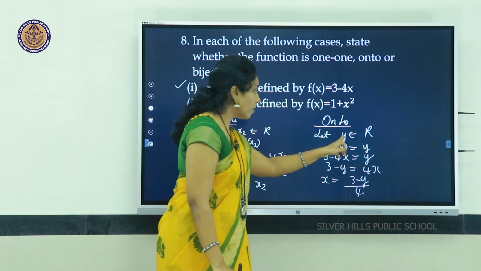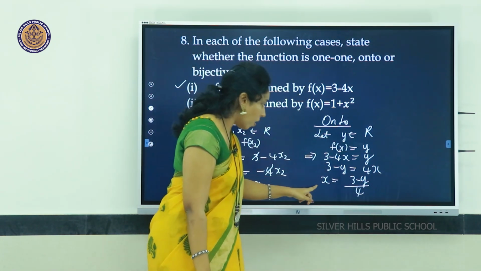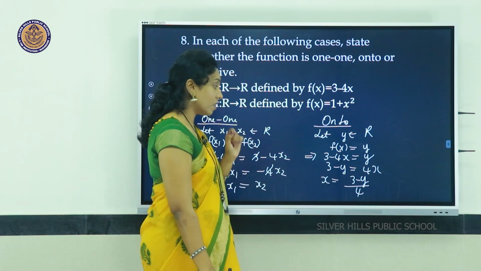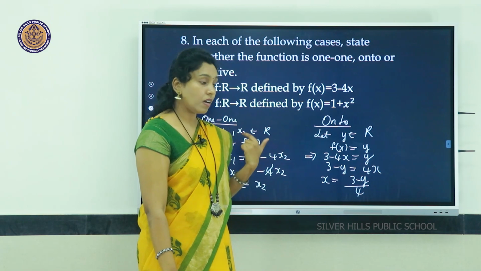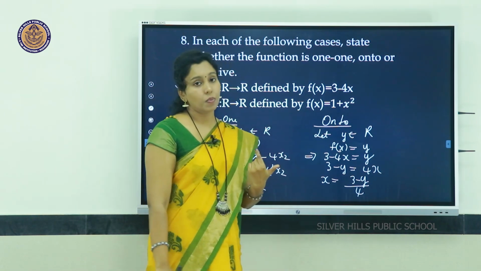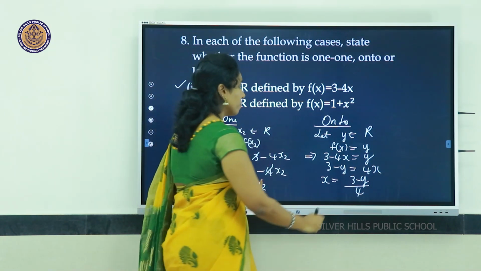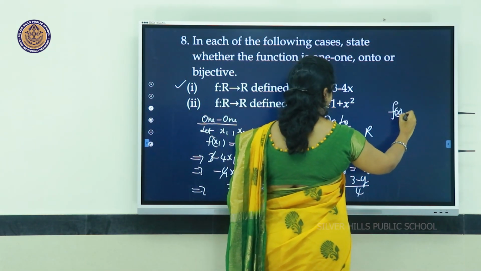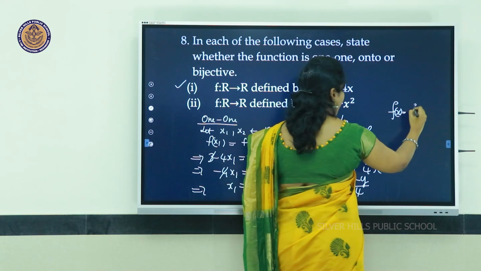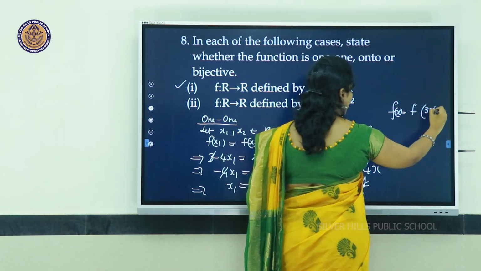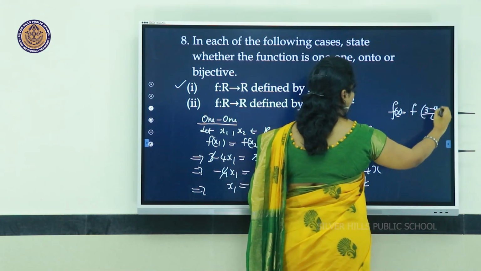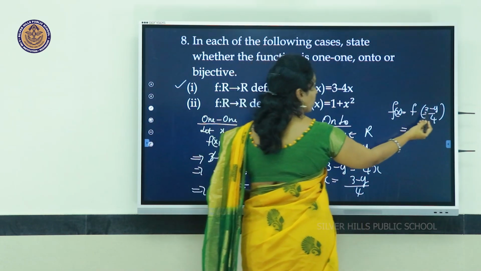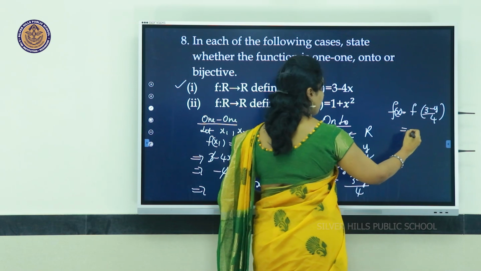So, for every y in R, I got an x, that is (3 minus y) by 4, such that, now let us check whether when we find f of x, are we getting the value y. So what is f of x? f of x is equal to f of (3 minus y) by 4. In the place of x, I am going to substitute (3 minus y) by 4.